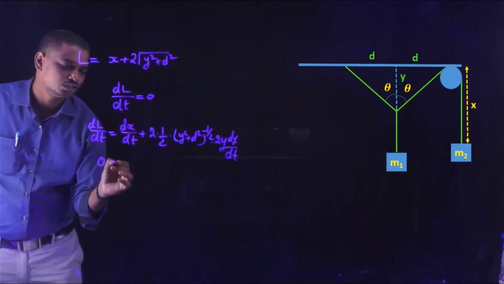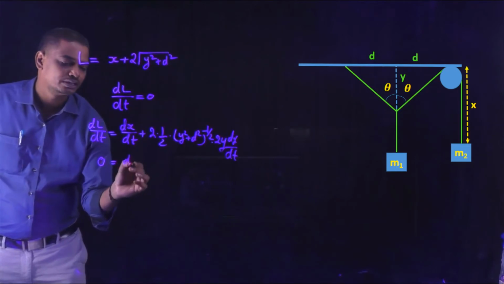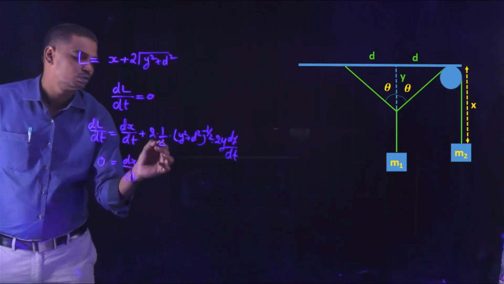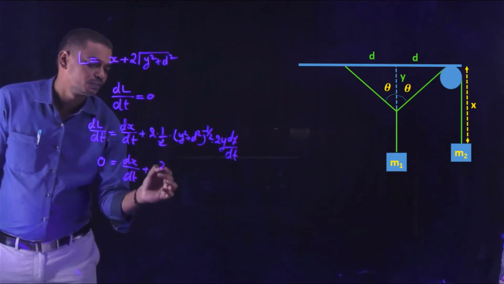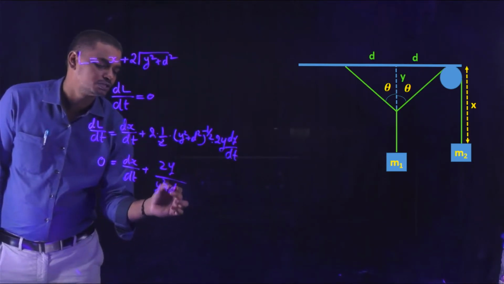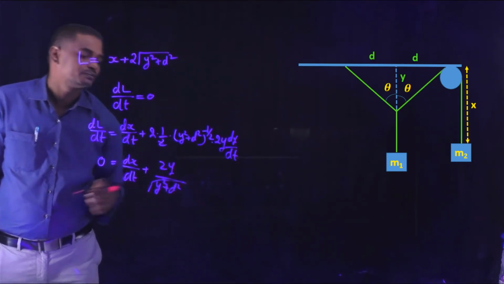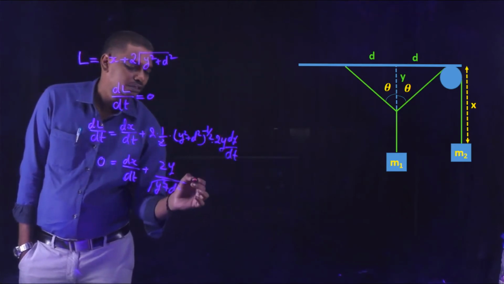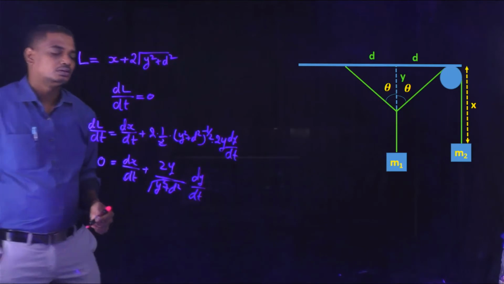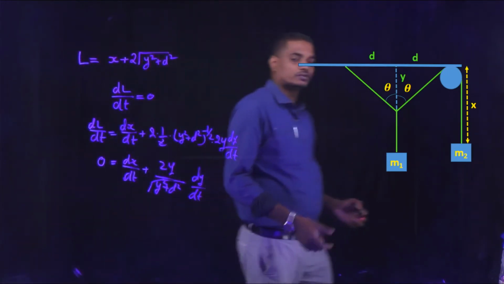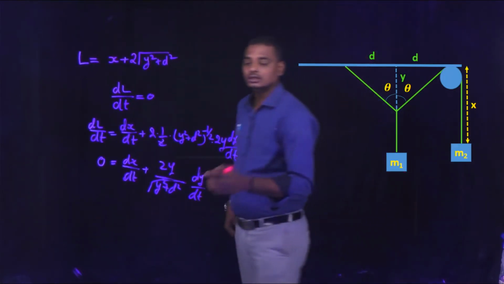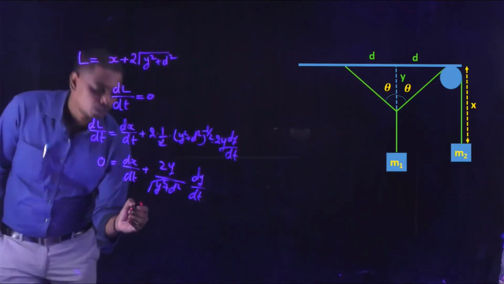So 0 is equal to dx by dt, the 2 gets cancelled, plus 2y divided by root over y square plus d square into dy by dt. So dx by dt is the rate of displacement of the block m2, so we can write it as the velocity of the block m2.